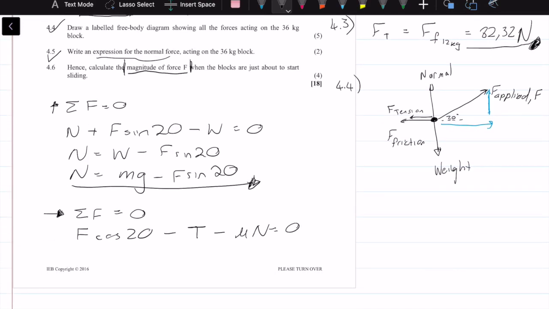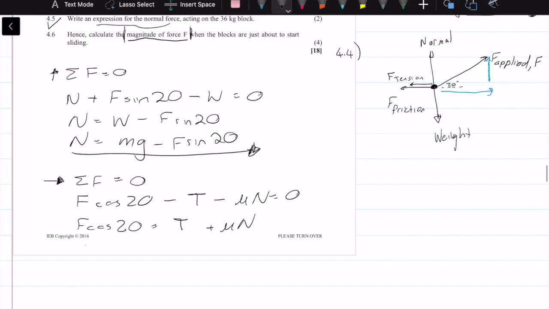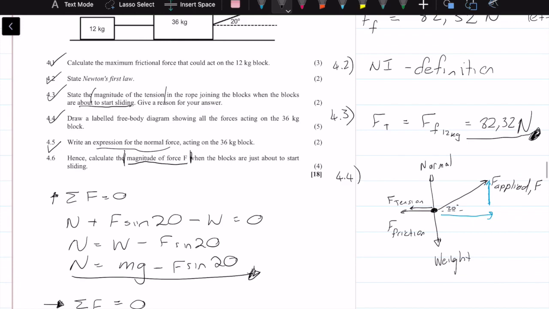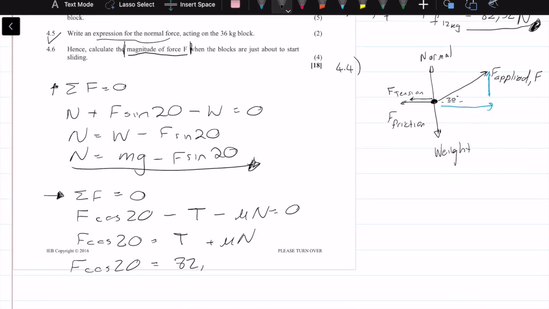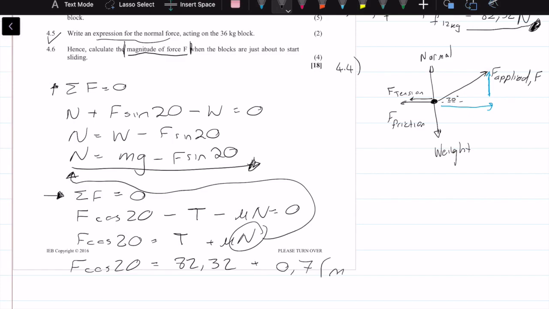We're worried about the force F, so F cos 20 is equal to T plus mu N. F is the unknown. Tension we calculated as 82.32, plus mu, which is 0.7, and now I'm going to input the expression I got for the normal force, which was mg minus F sine 20.